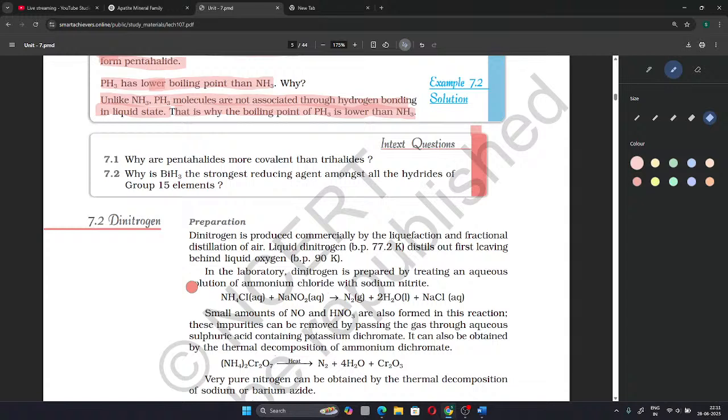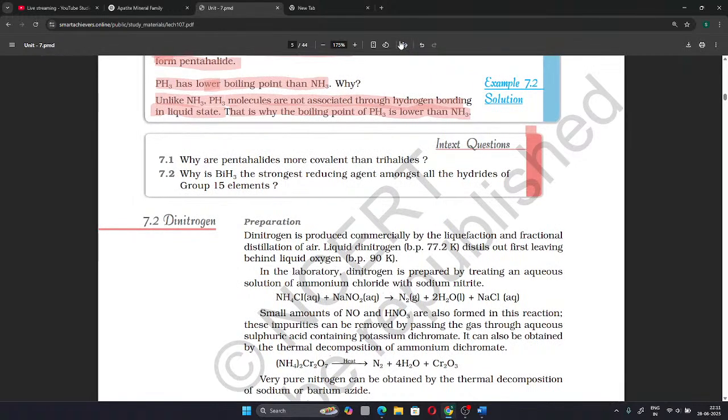Bismuth, being a metal, is very electropositive and can undergo oxidation very easily. Maybe that is the reason bismuth hydride is the strongest reducing agent. As for why pentahalides are more covalent than trihalides, I'm not too sure.